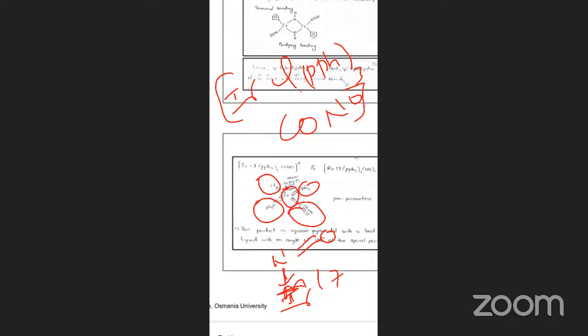Iridium is which group element? It is a cobalt group element: cobalt, rhodium, iridium.